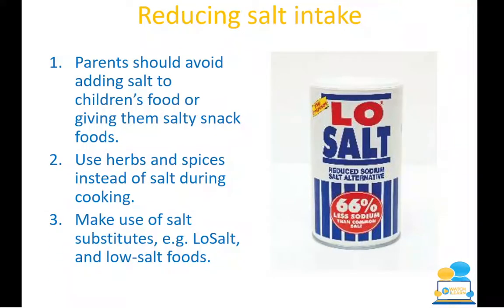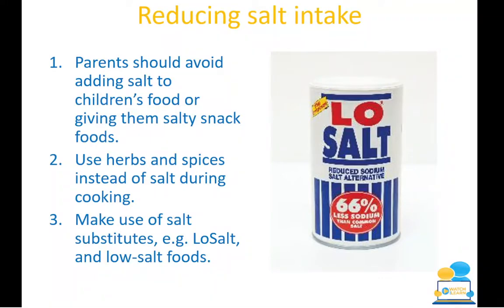You should use low salt substitutes, so the likes of Low Salt and low salt foods. So this is an actual bottle, and you can buy it in all the major shops in Ireland, and it's called Low Salt. Basically there is 66% less sodium, so it is a much better alternative. Everybody should have this in their kitchen. They shouldn't have the old salt that we would usually buy.